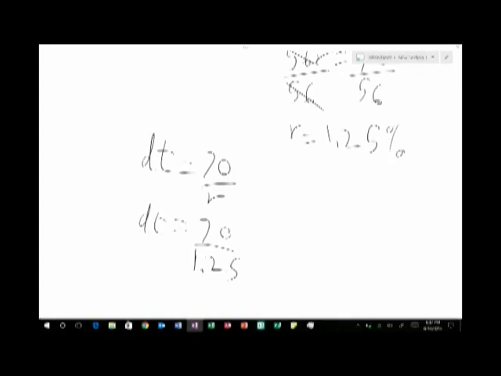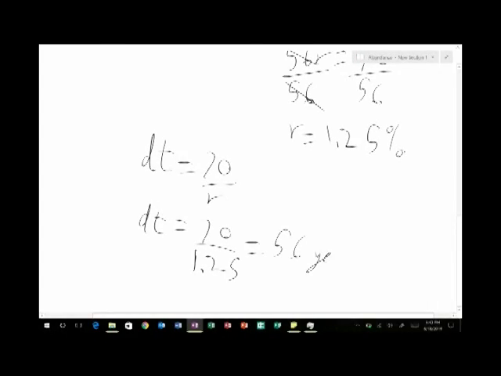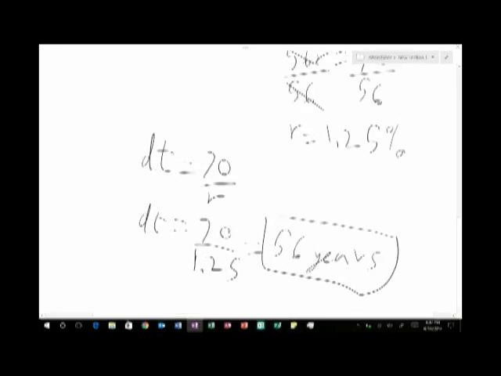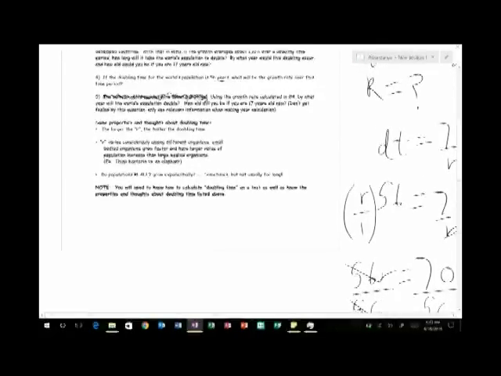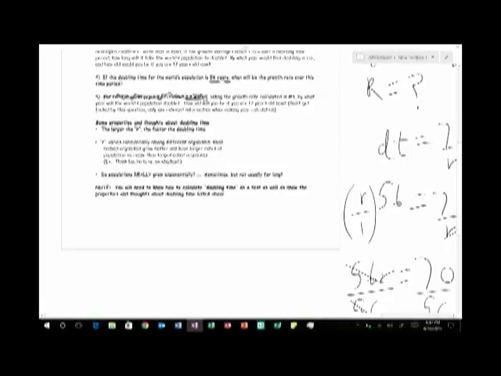And if you plug that into your calculator, you'll notice it comes up with 56 years. So we found our first answer. How long will it take for the world population to double? 56 years. So we answered that first one, so I'm going to put a line through it just so we don't have to worry about it.